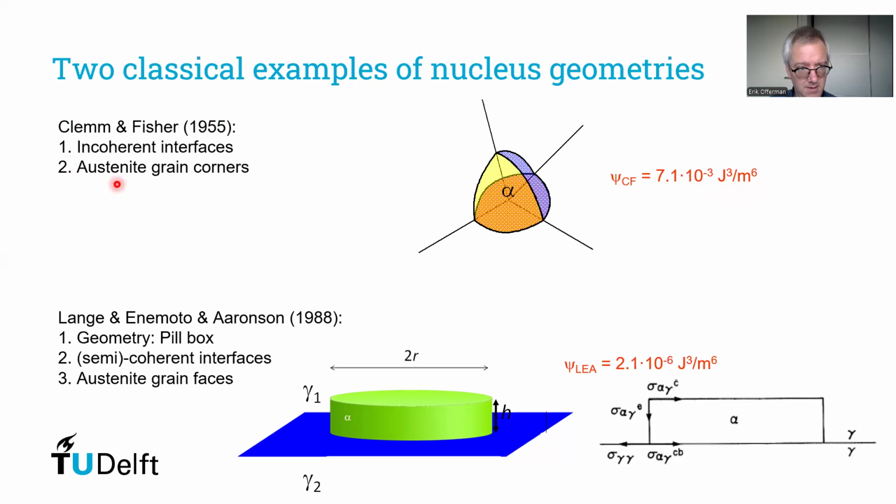And in this model, they assume that all the interfaces are incoherent, and the nucleation in this case is at grain corners, but they've nicely shown that if you assume incoherent interfaces, nucleation at grain corners has a lower barrier for nucleation than nucleation at triple junctions, which in turn has a lower barrier for nucleation than nucleation at the edges.